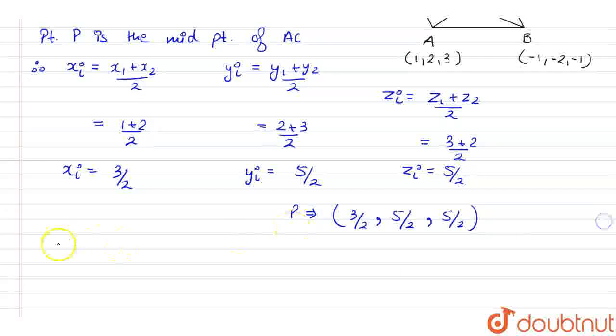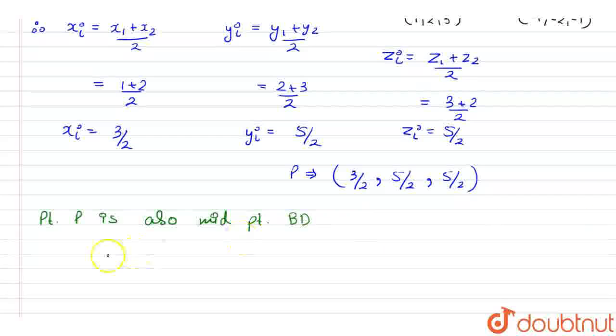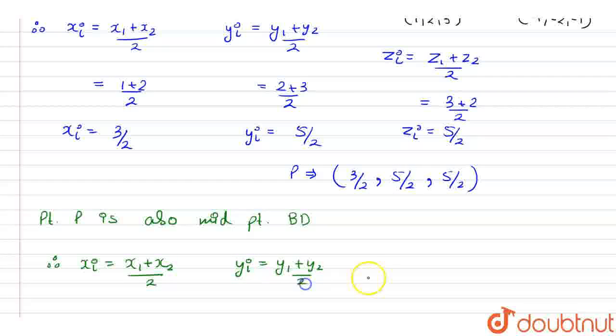The point P is also the midpoint of diagonal BD, so xi will be equal to (x1 plus x2) by 2, yi will be equal to (y1 plus y2) by 2, and zi will be equal to (z1 plus z2) by 2.